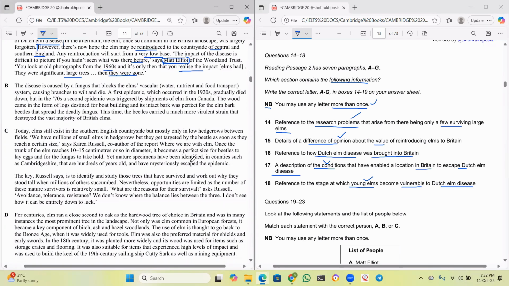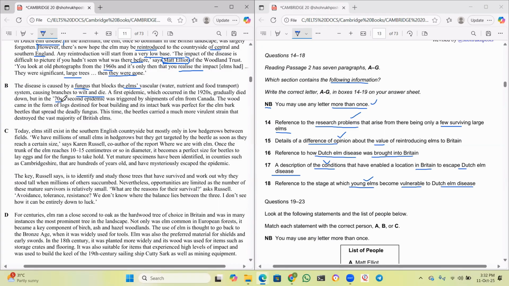Now, the disease is caused by a fungus that blocks the elm's vascular system, water, nutrient, and food transport system, causing branches to wilt and die. A first epidemic which occurred in the 1920s gradually died down.